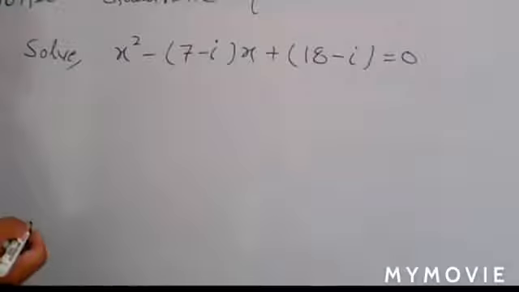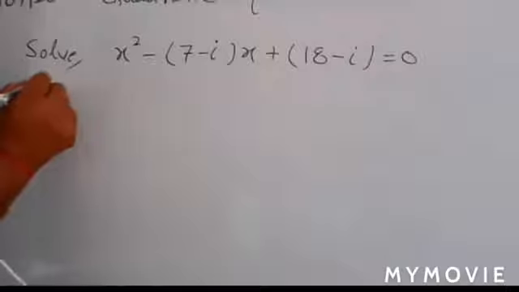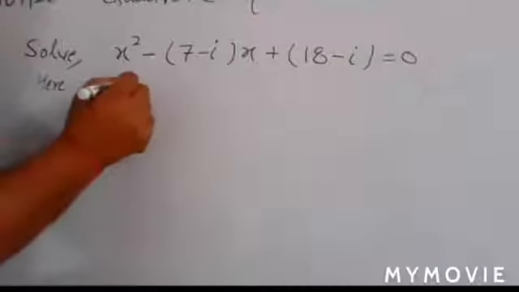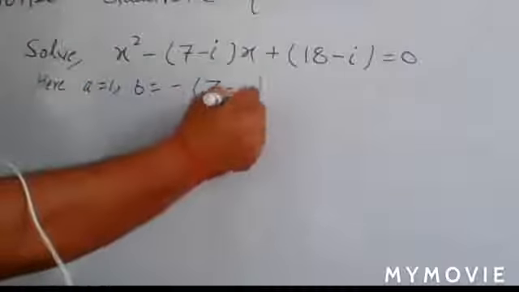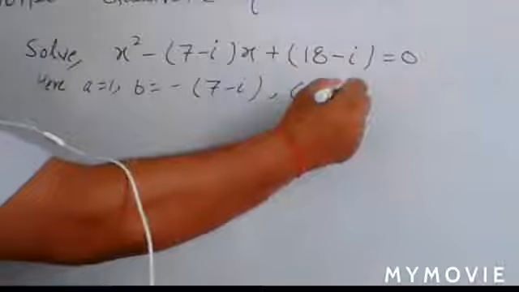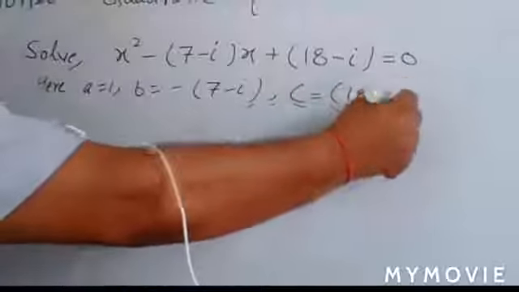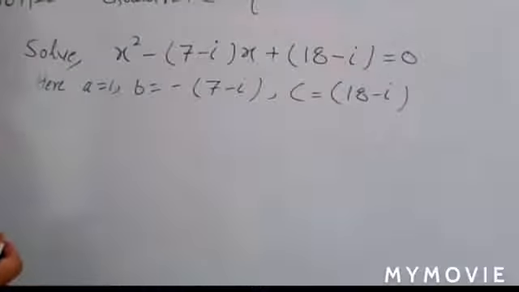You have to solve this one by using the quadratic formula. Okay, so you have the same method here. A is equal to 1, B is equal to minus times of 7 minus i, and C is equal to 18 minus i. You write in this way.